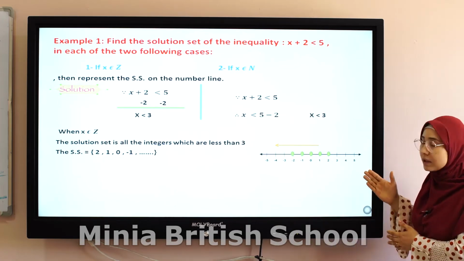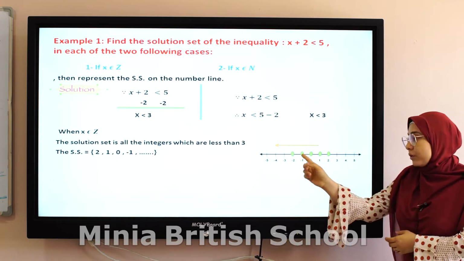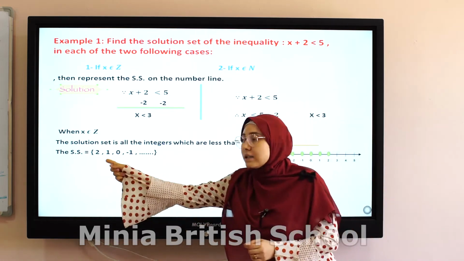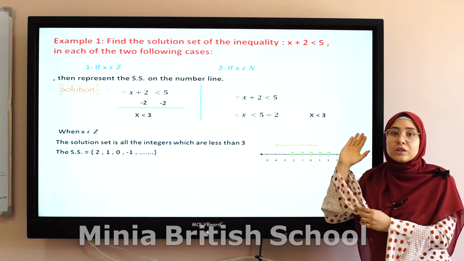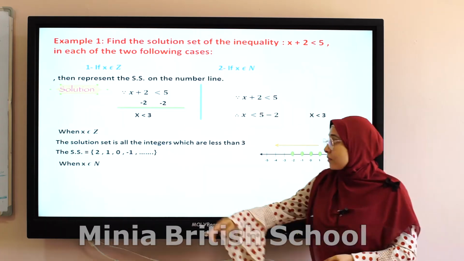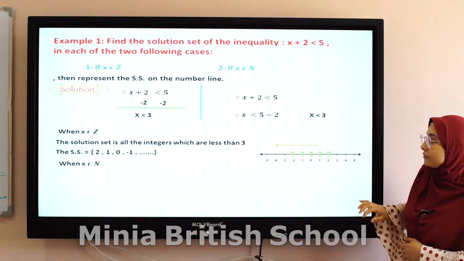And when I represent it on the number line, I will draw the number line and put a point above each element in this set. Then I will draw an arrow in the direction of Z negative, because I said -1, -2, and so on.